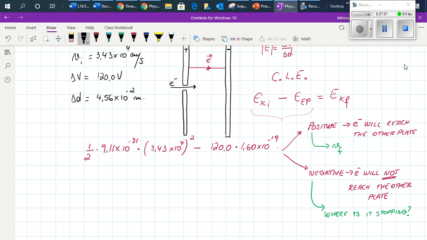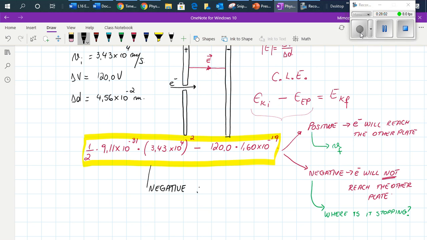Okay, so let's enter this in the calculator and see if this whole expression is a positive or a negative value. And what I have is a negative value. The calculator is telling me that this is equal to negative 1.92 times 10 to the power of negative 70.